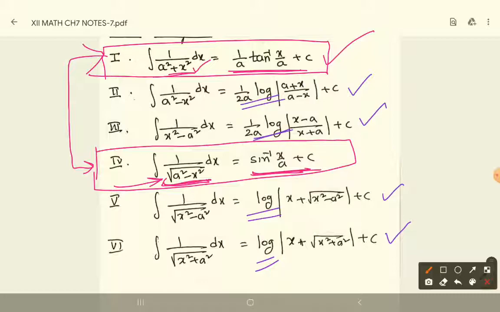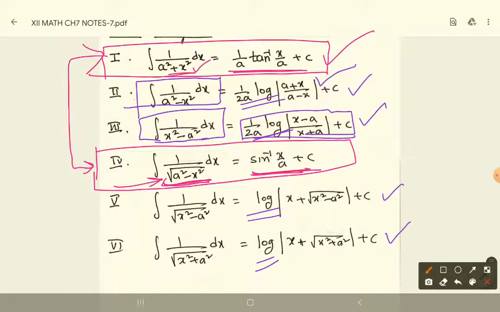Now it is very easy to remember: 1 by a square minus x square into dx is 1 by 2a log mod a plus x by a minus x. x square minus a square is 1 by 2a log mod x minus a by x plus a. So where to put minus and where not to: it is x square minus a square, so minus a will come. Otherwise you can write it like a plus x by a minus x. These three do not have roots in the denominator.